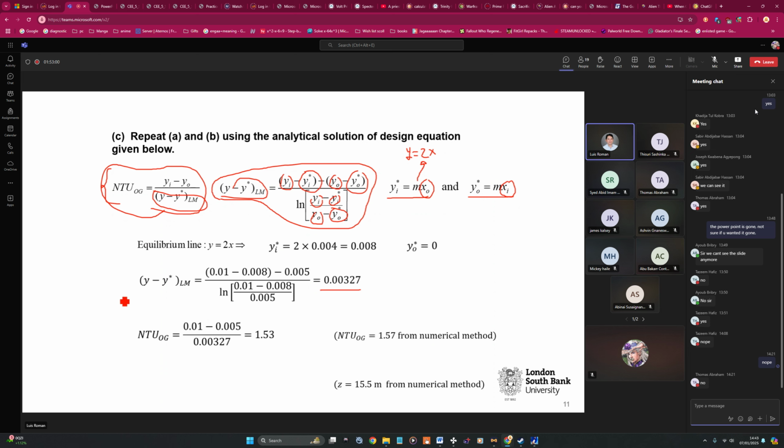NTU is the difference of the compositions, inlet minus outlet, divided by the value of this logarithm term. So NTU is 1.53. In the numerical method, we obtained 1.57. So you can see it's a very close match.